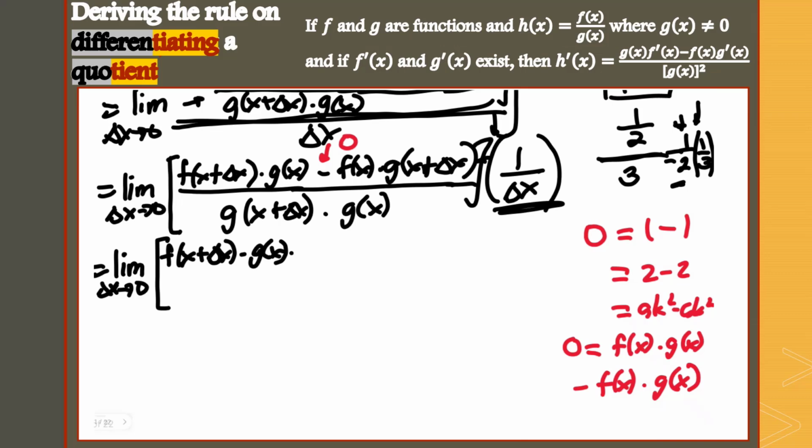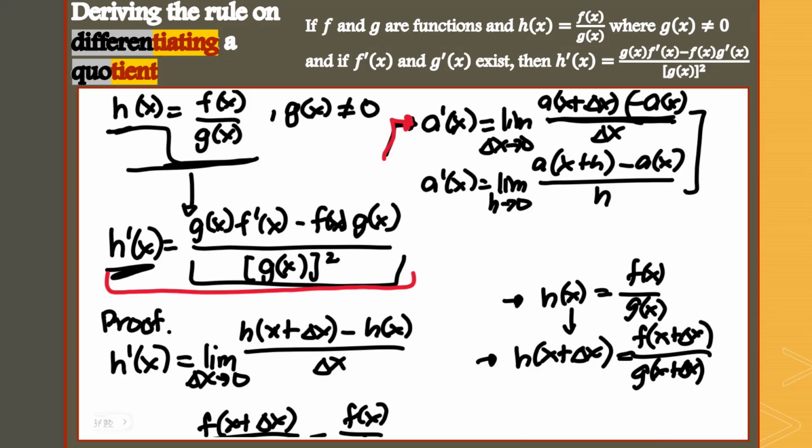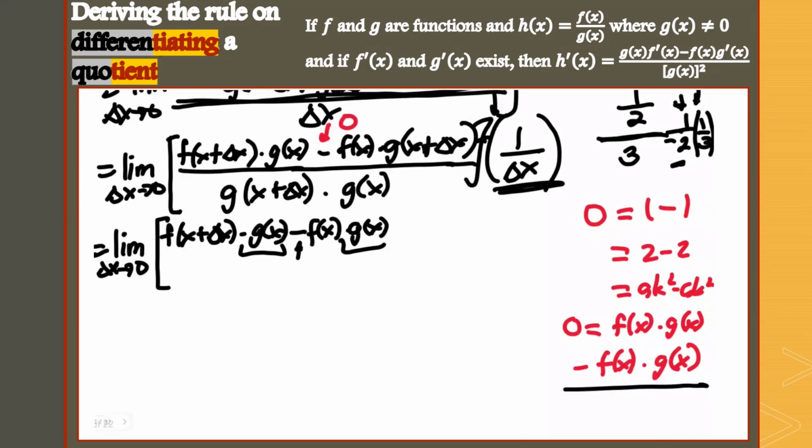I'm going to start with minus f of x times g of x. Why am I doing that? Because I have here g of x and g of x. I could move out or factor later, leaving this negative, which is again the goal of the definition. We have negative here. So you really need to apply important properties to see what needs to be done and what needs to be added or combined here.